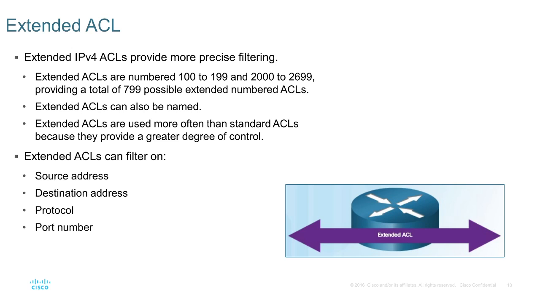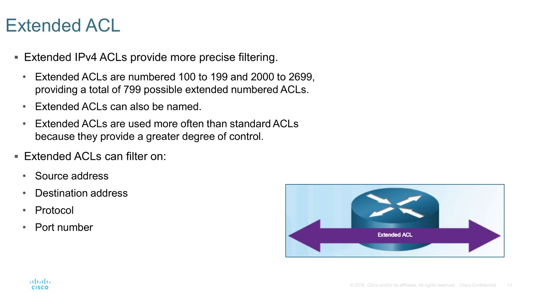With standard access lists, as we said, the main differentiation compared with extended is that standard access lists only consider the source IP address. That is the only information that is checked with the access rules.